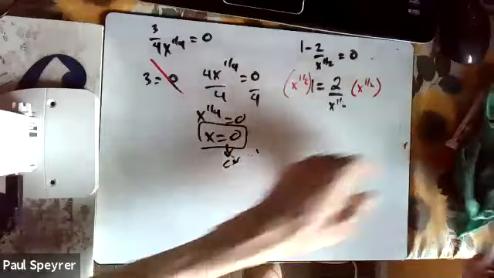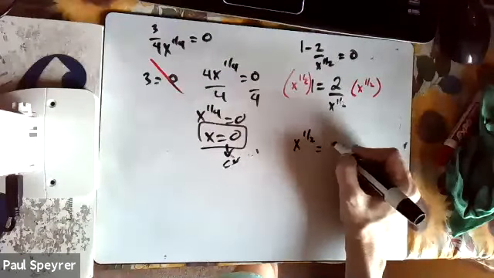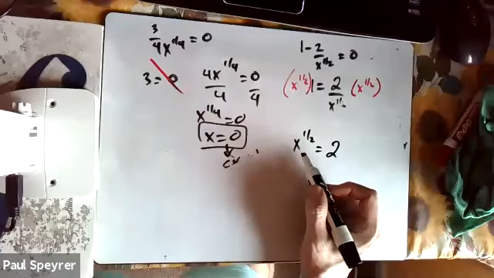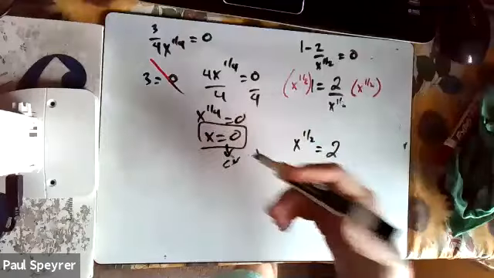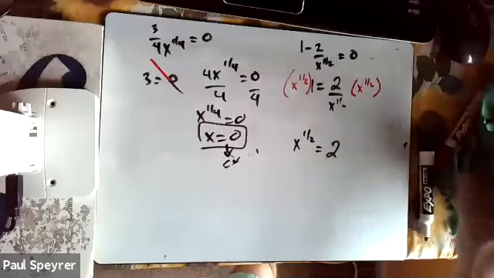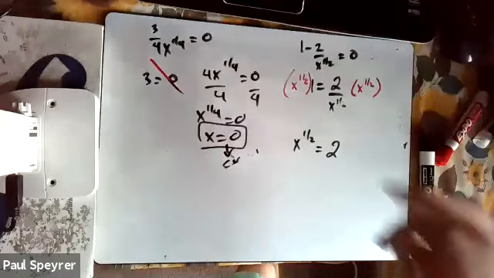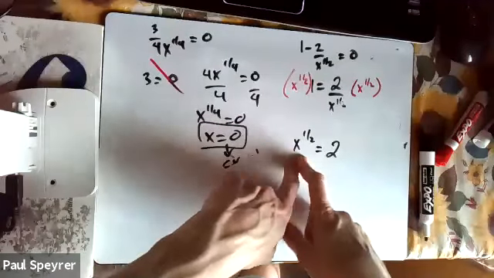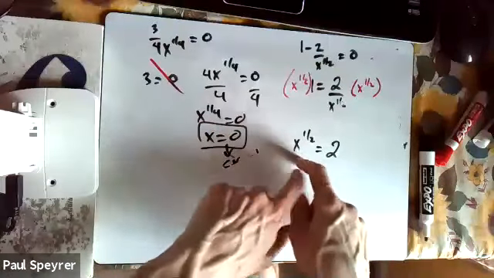So now we have x to the 1/2 equals 2. This x now is in the numerator, okay? This is going to count as just a regular old critical value. It's not going to make it undefined, okay? Because again, this x is in the numerator. This one made it undefined because where was that x? It was in the denominator. This one's in the numerator.